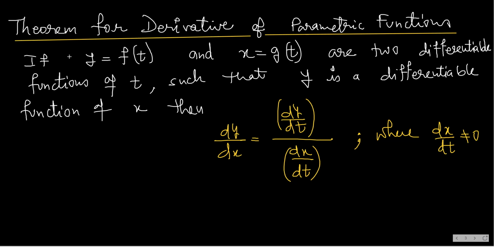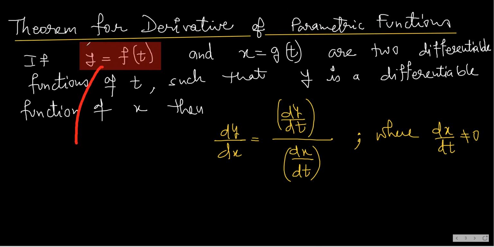So here I start. Try understanding what the statement says. It says y equals f of t is a differentiable function of t. Now students, the moment you say y equals f of t is a differentiable function of t, you intend to specify that you can differentiate y with respect to t.